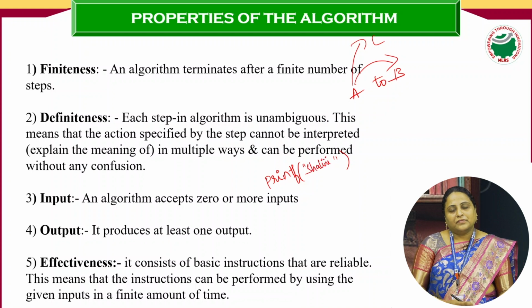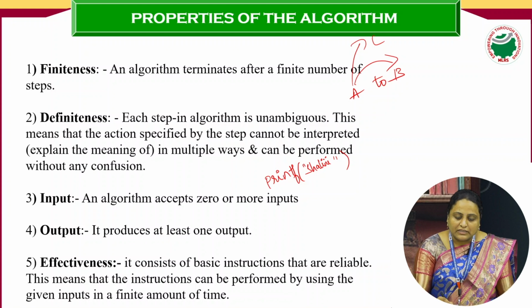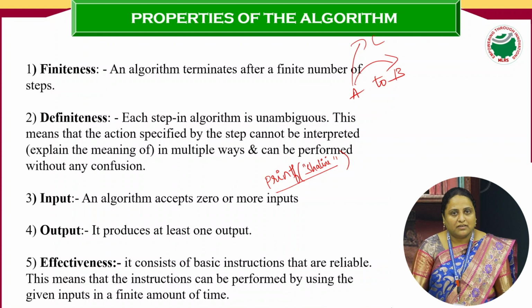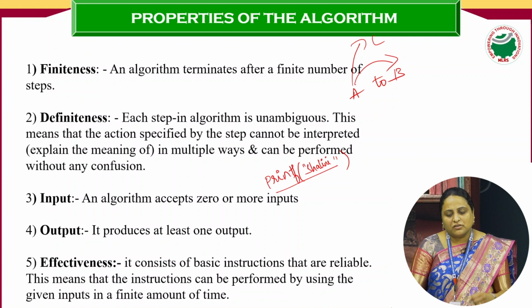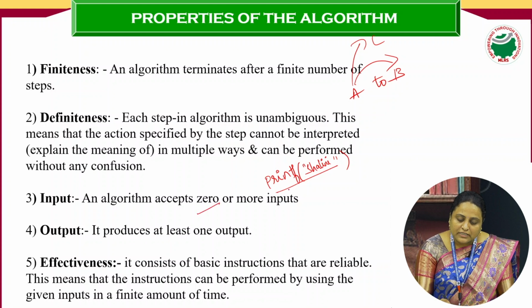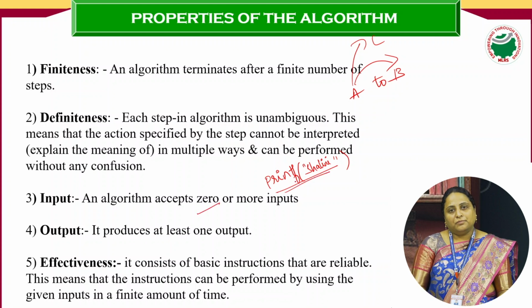Whatever you write in printf will be displayed as it is. Whatever instruction you write inside printf, the same thing will be displayed on the screen. And your compiler, or your computer, doesn't ask you to give any input for that, because it is already provided. That is, with 0 inputs also, it is able to provide some output to the user.